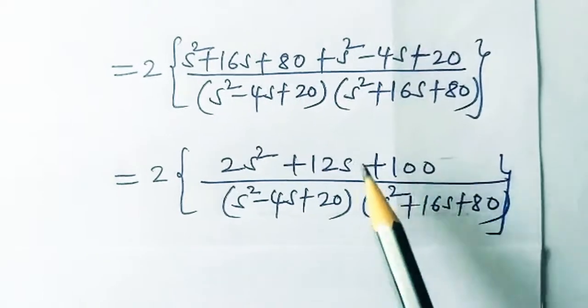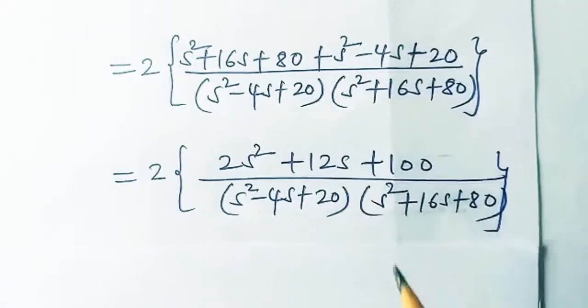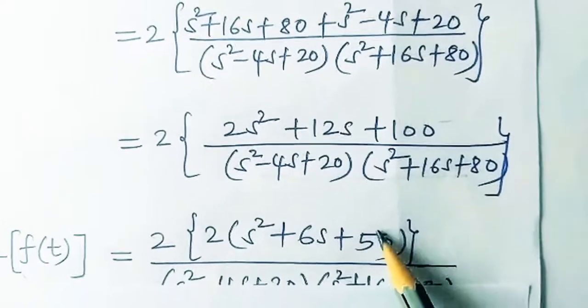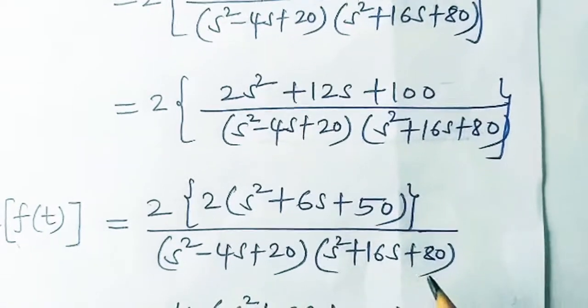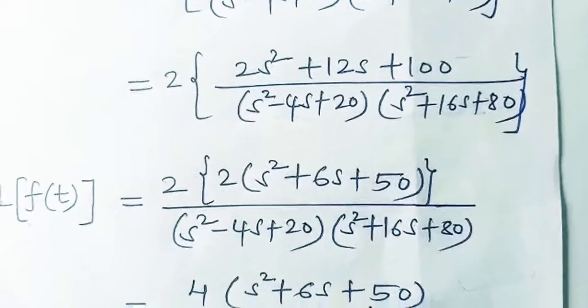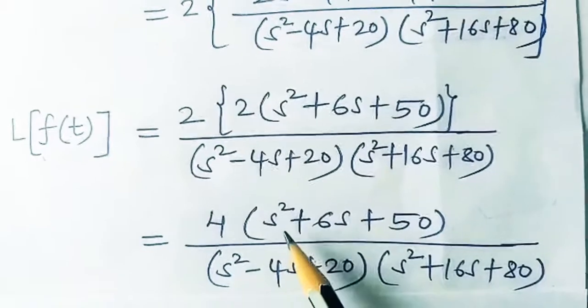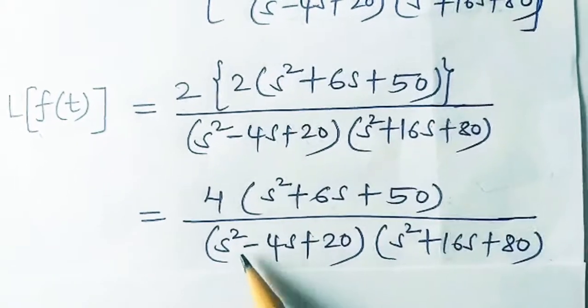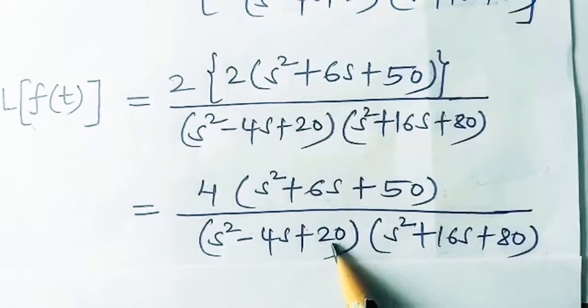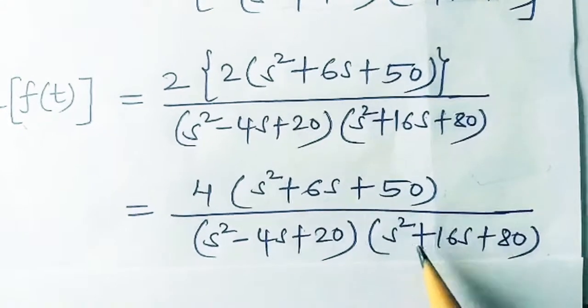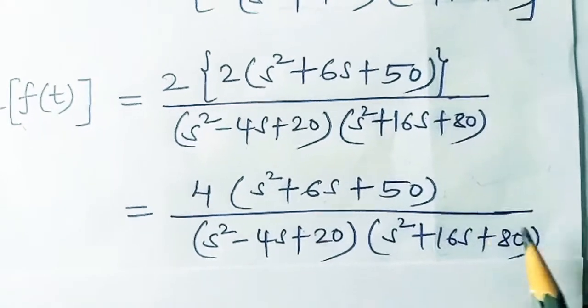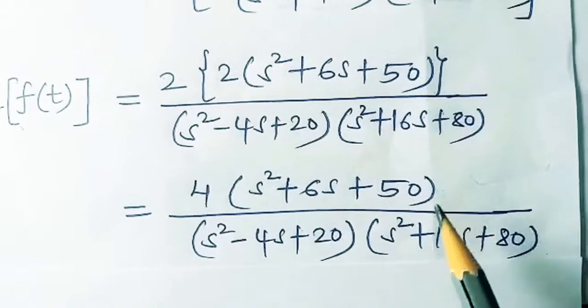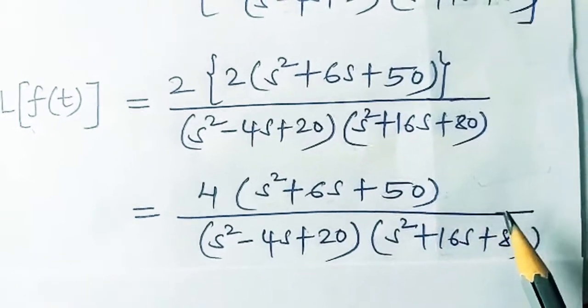In the numerator again we can take 2 as a common factor, and finally we may write the result as 4 times s square plus 6s plus 50 divided by s square minus 4s plus 20, and the other factor is s square plus 16s plus 80. So this particular expression forms the Laplace transformation of the given function.